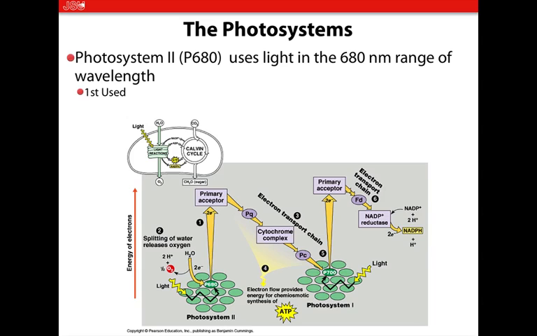To the production of ATP. The electrons then make it to the next photosystem, photosystem 1. This uses light of a slightly different wavelength. This energizes the electrons to a higher state, and the same thing happens. It goes through an electron transport chain, in which case NADPH is made.